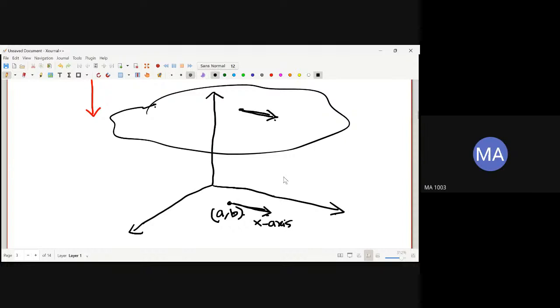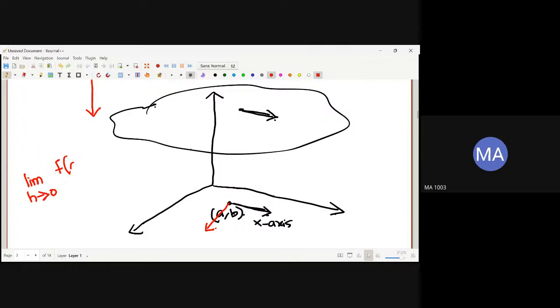If I consider, let's say, some other direction, the y-axis, then I have to take the limit as s tends to 0, and instead of f(a, b), I have to consider f(0, s). In that case, this limit will give me some information about the behavior of the function in this direction.